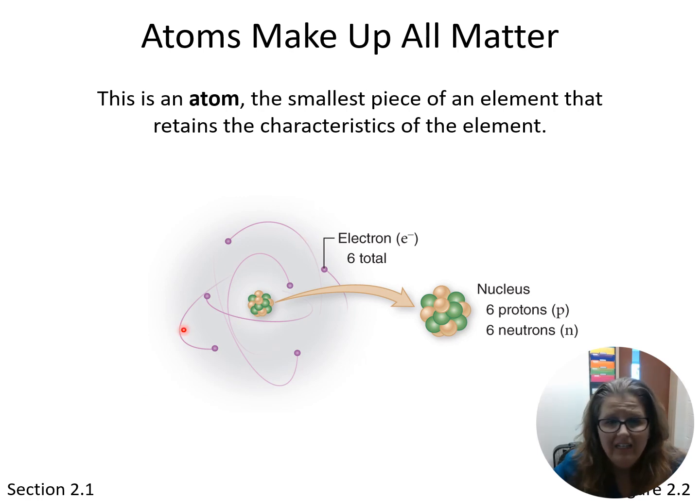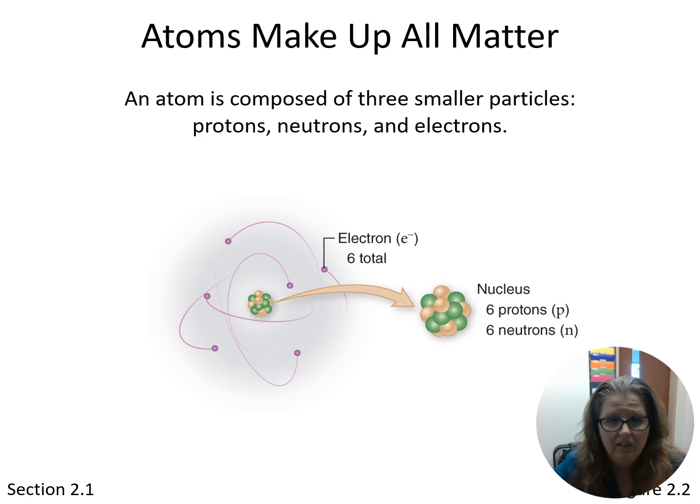So in an atom, you have a nucleus, and then you have the electrons orbiting around that. An atom is the smallest piece of an element that has the characteristics of that element.